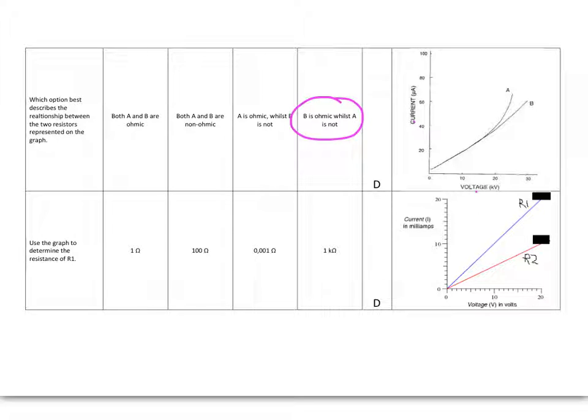The next one is use the graph to determine the resistance of R1. So I'm going to have to choose a point, and I'm going to go with 10 and 10. Oh, it looks very easy. It's going to be 1 no matter what, except for a detail. This current is in milliamps. So I'm going to take the milliamps and convert them: 0,01 amps divided by 10 volts gives me 0,001 as an answer.